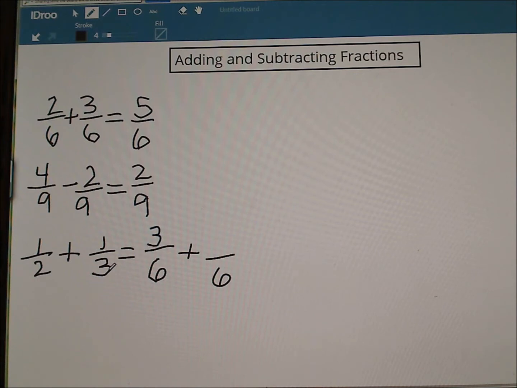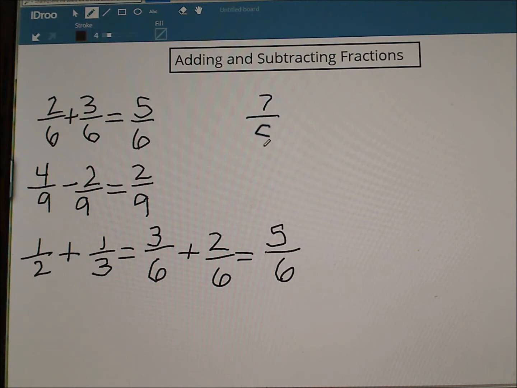Here, 3 goes to 6 by multiplying by 2, so I must also multiply the numerator by 2. So 1 times 2 is 2. So here I have 3/6 plus 2/6. Now I have the same denominator. Keep that denominator, add my numerators, 3 plus 2, 5. So 5/6. Let's look at one more example.